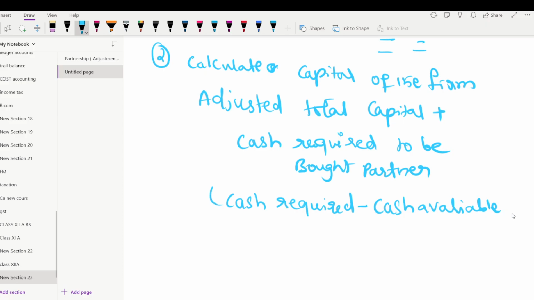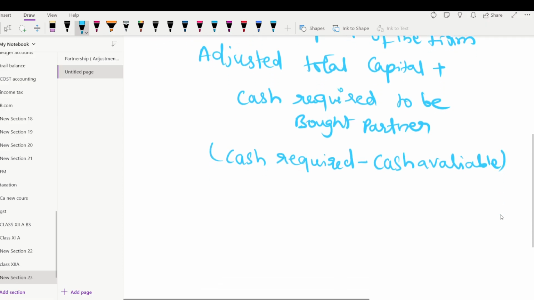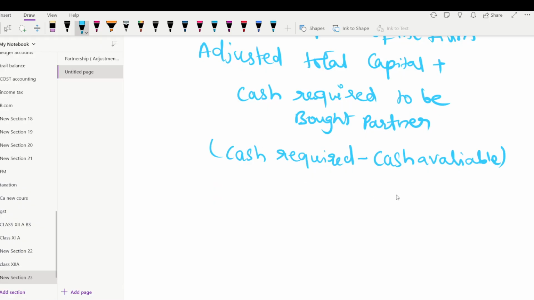To know the cash available, in case of admission, amount in the balance sheet plus any cash brought by the new partner.